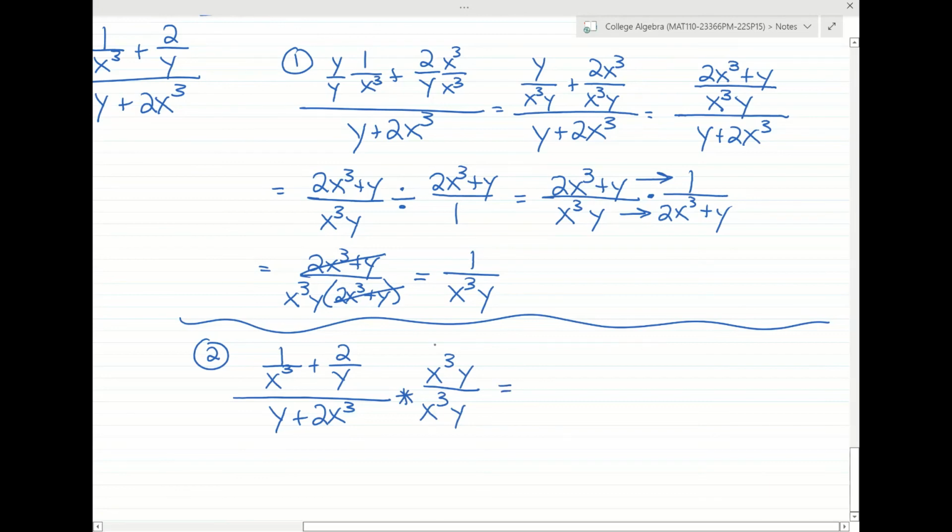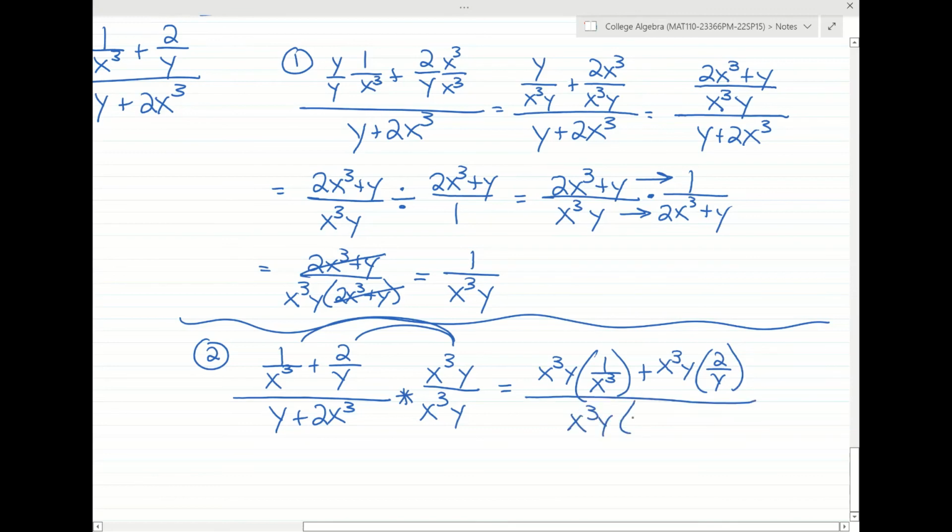We wind up with x to the third y times 1 over x to the third plus x to the third y times 2 over y, divided by x to the third y times y plus 2x to the third.